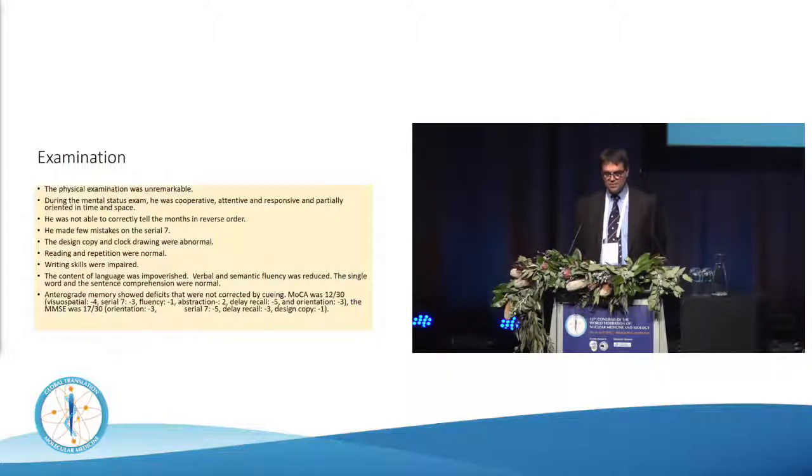The writing skills were impaired, and the content of the language was impoverished. Verbal and semantic fluency was reduced, and the single word and sentence comprehension were normal. The anterograde memory showed deficits that were not corrected by cueing, so the MoCA was 12 out of 30, and the Mini-Mental was 17 out of 30.